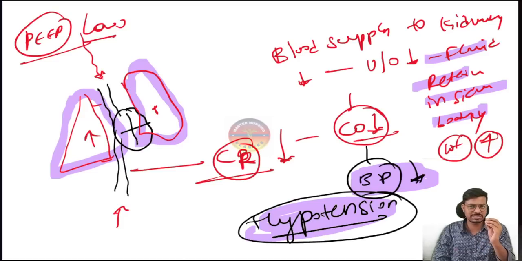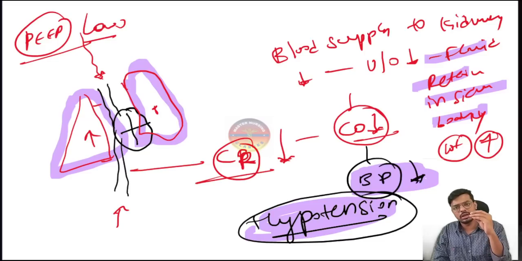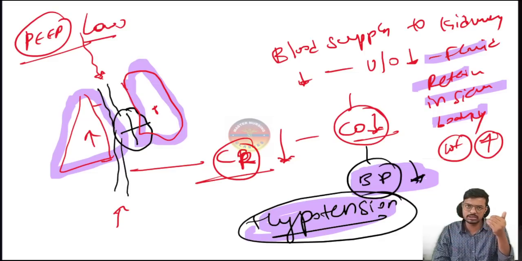And these simple settings, like what is tidal volume, how to set the tidal volume, what is FiO2, how to set the FiO2, what is PEEP, what is CPAP, what is BiPAP. These are the repeatedly asked questions the examiner keeps throwing at you. This is very simple and very important. I have discussed all minor to major components of mechanical ventilation.